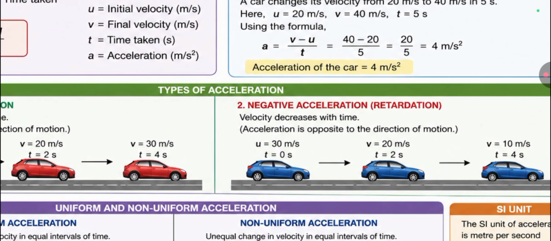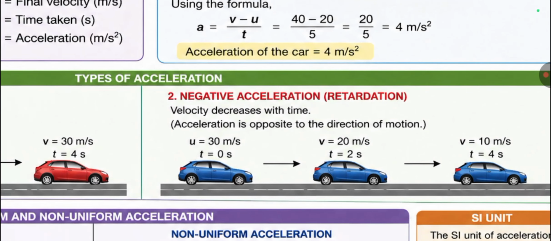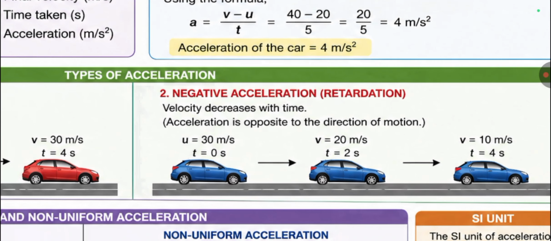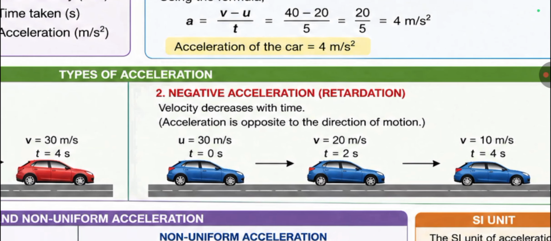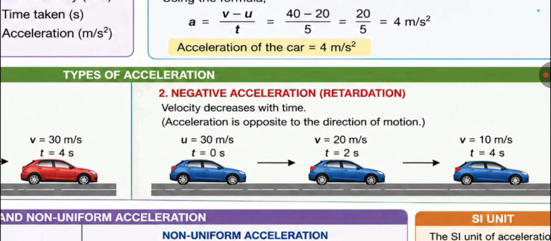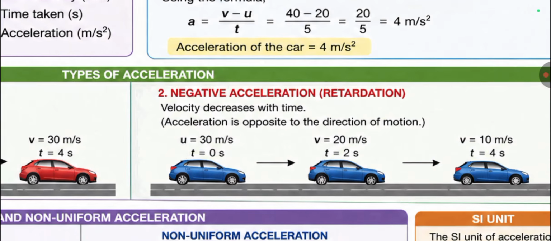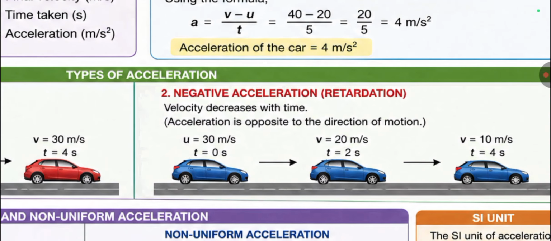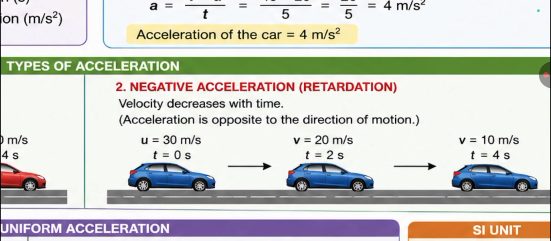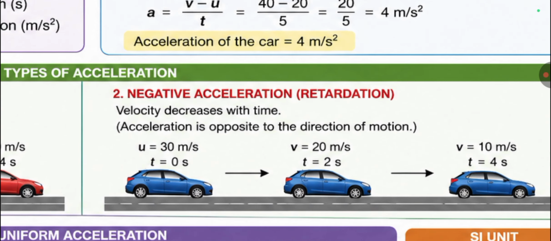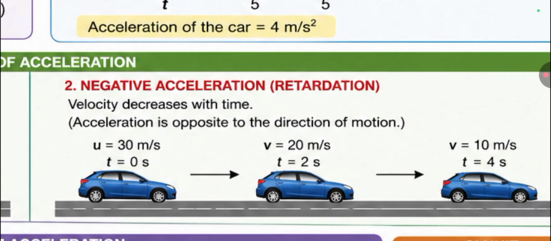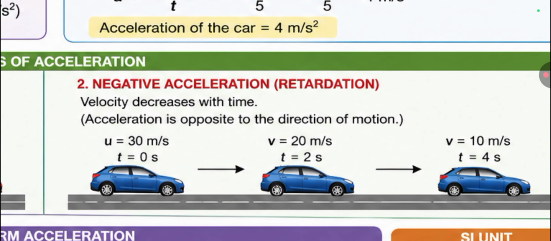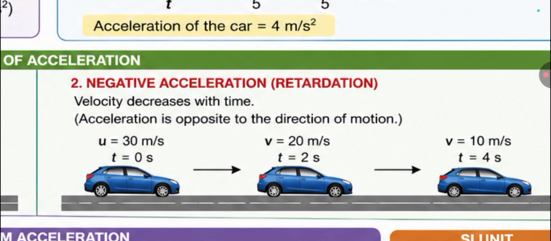Next, negative acceleration. Here the initial velocity is 30 meter per second at time 0 seconds, that is the starting stage of the car moving. Now its velocity is decreasing to 20 meter per second after 2 seconds, and again decreases to 10 meter per second in 4 seconds.